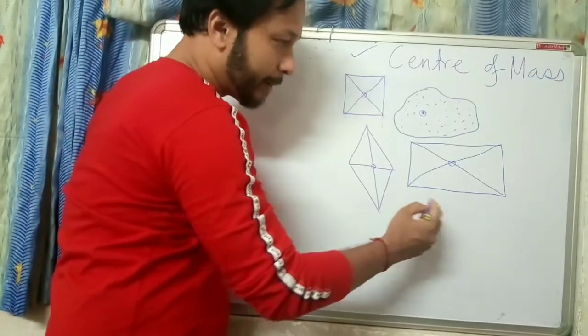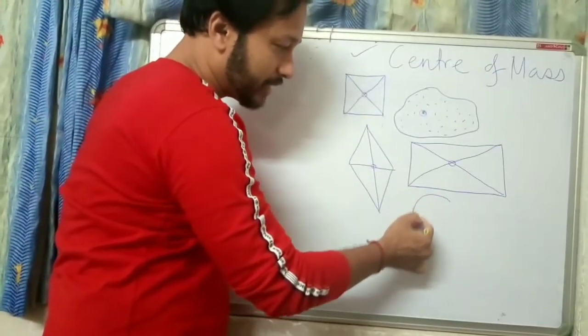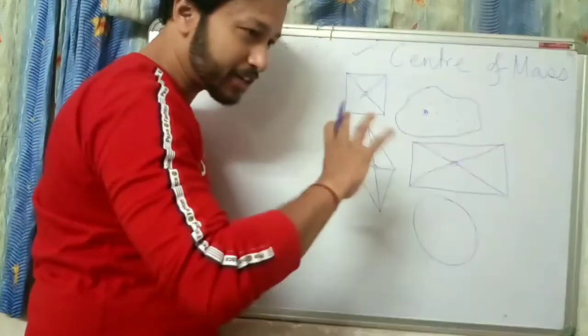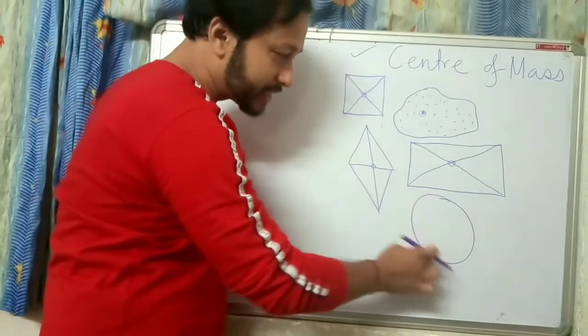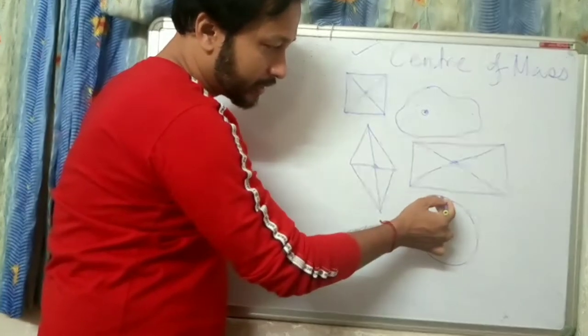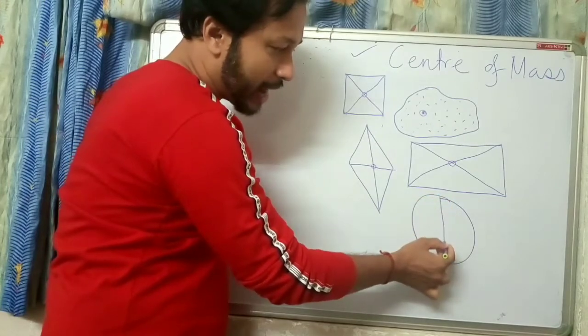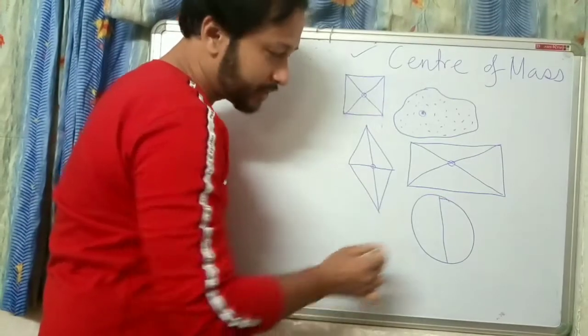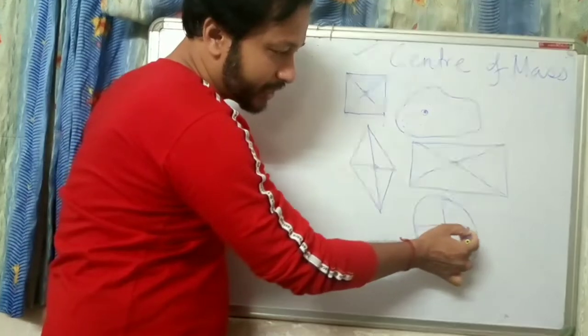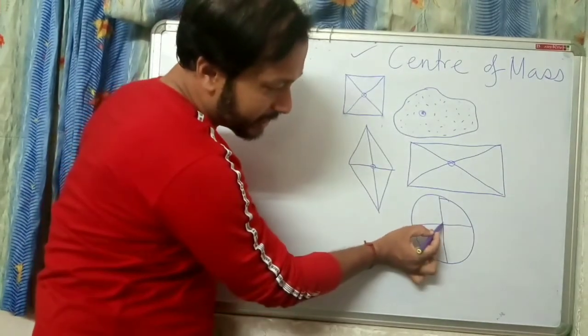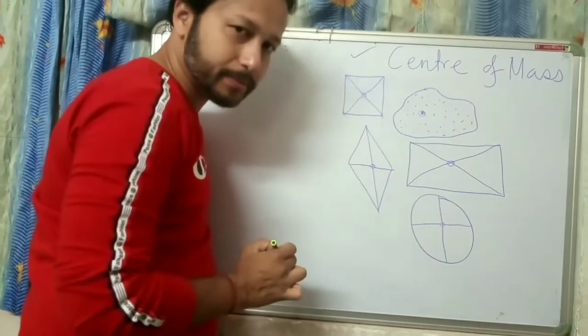If I take a circular plate, a circular disc, then I have to draw two diameters. Where they intersect, here, this is the center of mass.